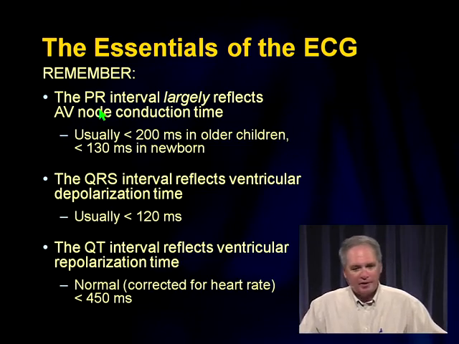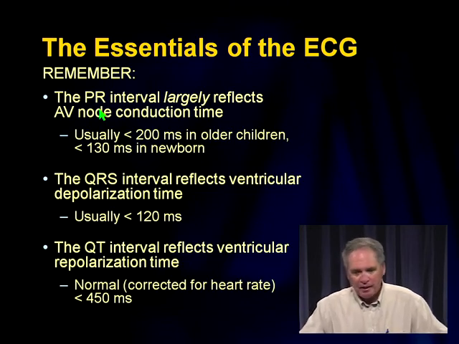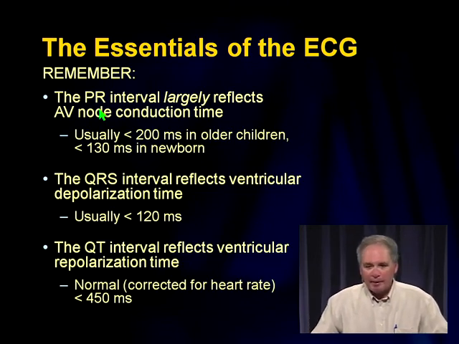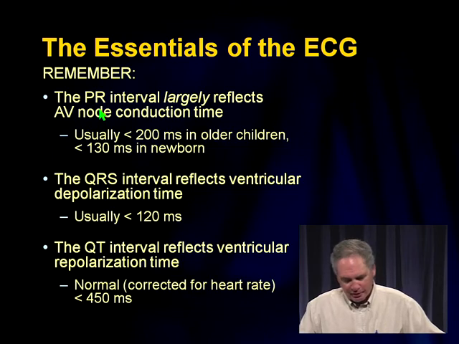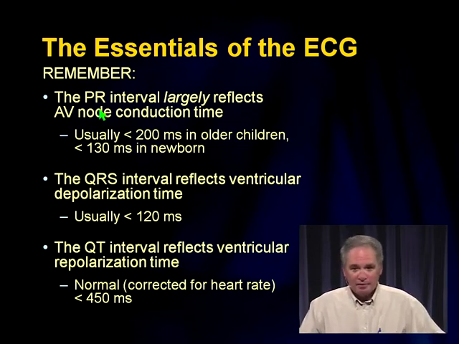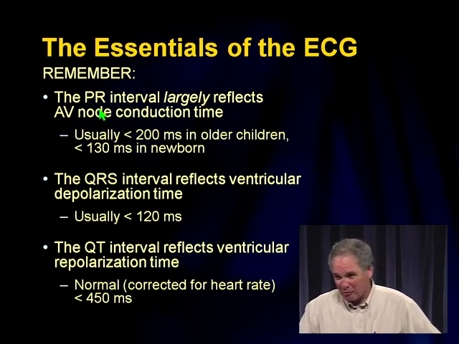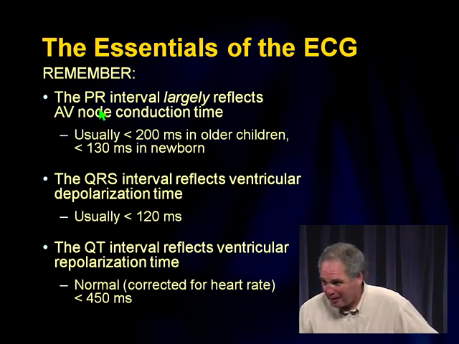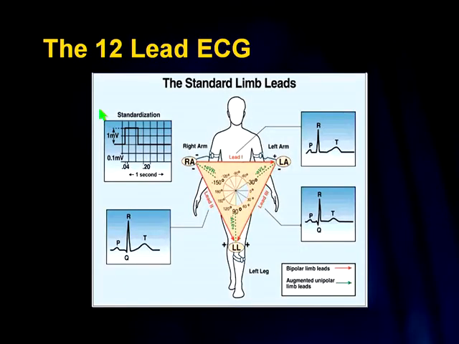It's usually less than 120 milliseconds. And the interval from the beginning of the QRS complex to the end of the T wave, the so-called QT interval, reflects ventricular repolarization time, and normal, when we correct it for heart rate, I'll show you later, is less than 0.45 seconds, really 0.44. Okay? So those are some of the basic intervals we measure.